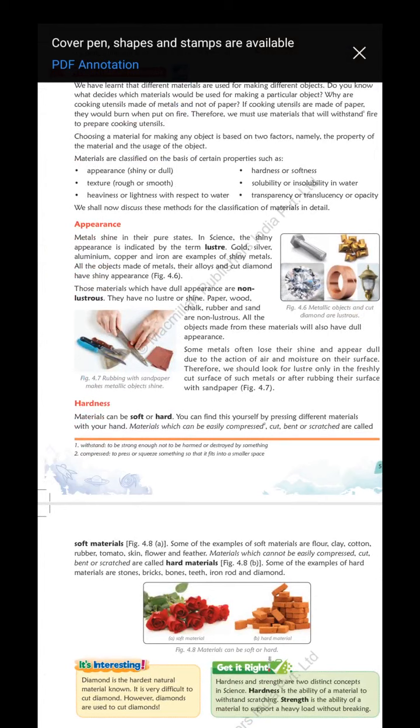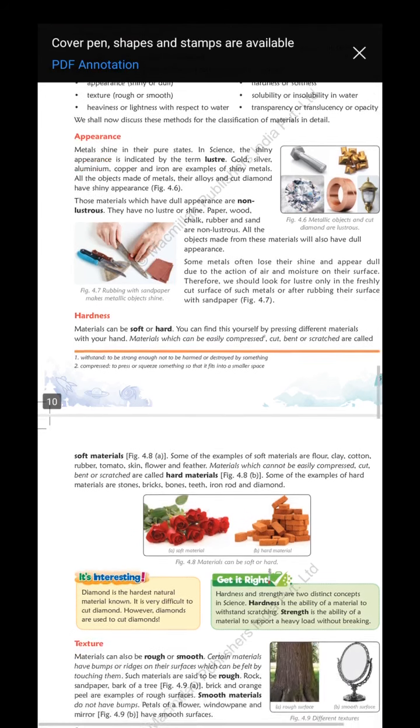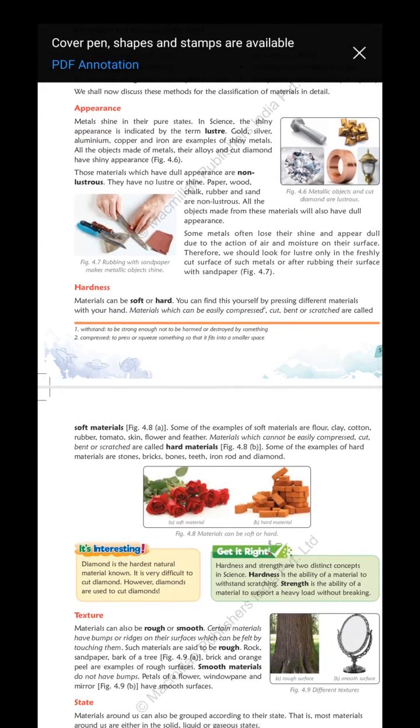Luster means shiny appearance. Non-luster means dull appearance. This is the appearance property of materials. The next one is hardness. Some materials are very soft and some are very hard. We can easily compress some materials like rubber. We can stretch easily.